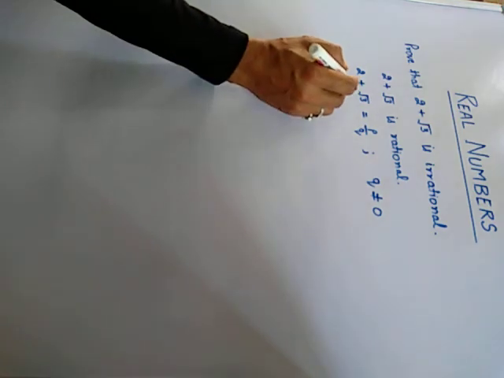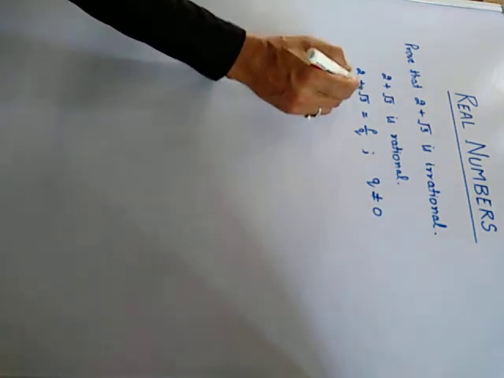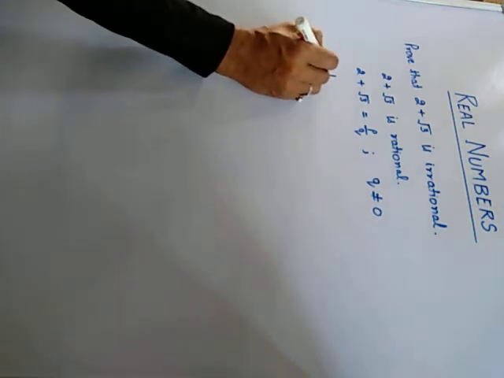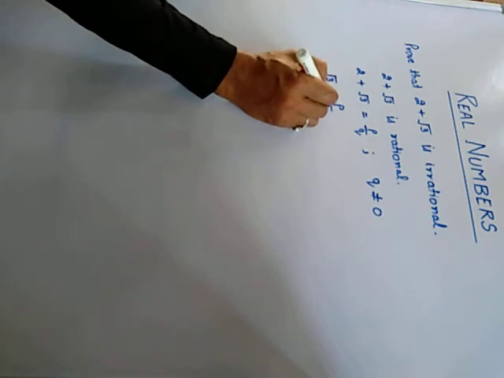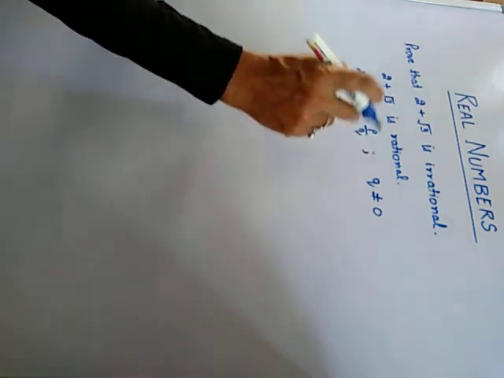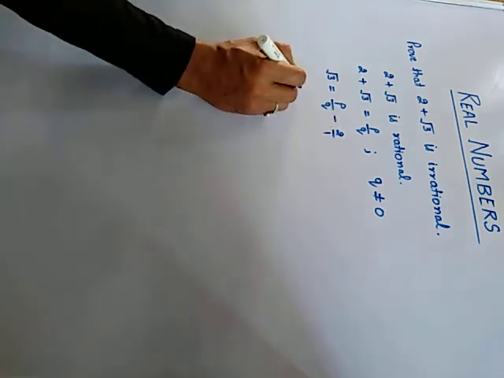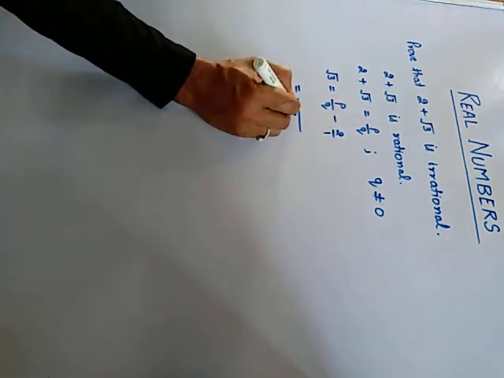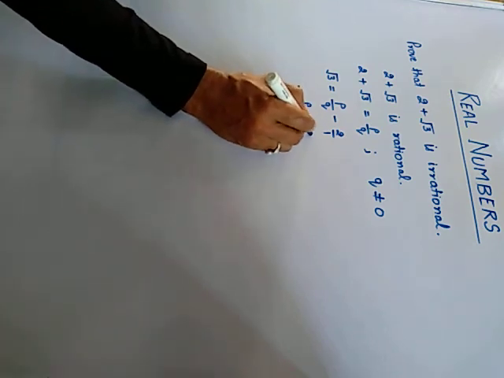Now, what you are supposed to do is that you have to find the value of root 3. So, root 3 equals p upon q minus 2, and 2 will be shifted to right hand side. If you take q as LCM, it will be p minus 2q.